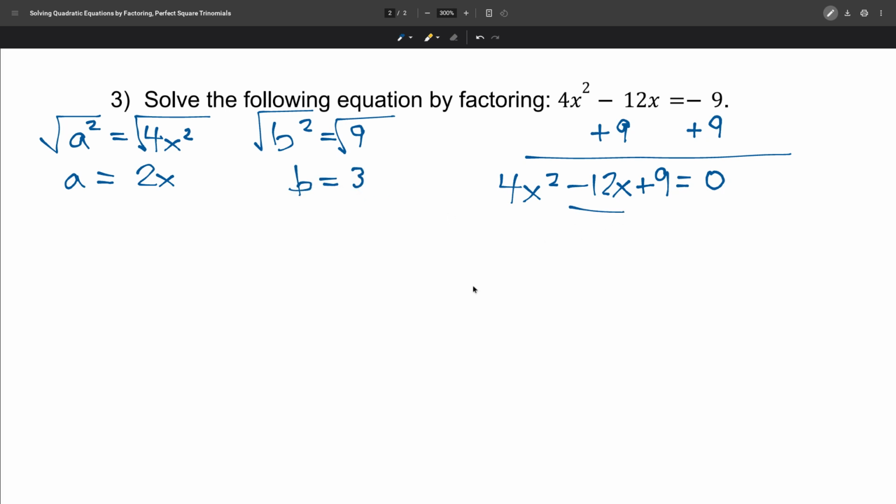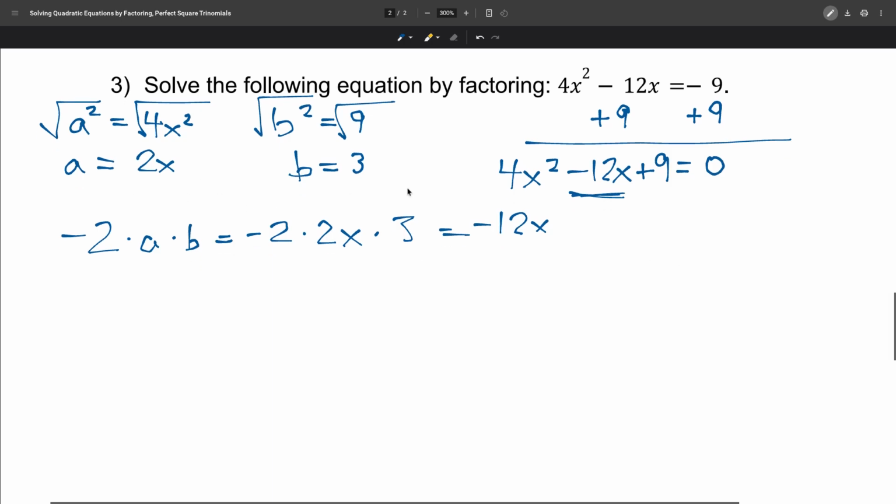Now we have a minus 12x here, so we're going to say minus 2ab. This is that second pattern, minus 2 times a times b. Let's just check that this is a perfect square trinomial, so minus 2 times 2x times 3. That's going to be a minus 12x. So it does fit the pattern. We've got that middle term there.